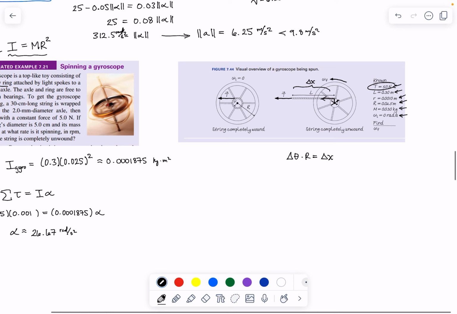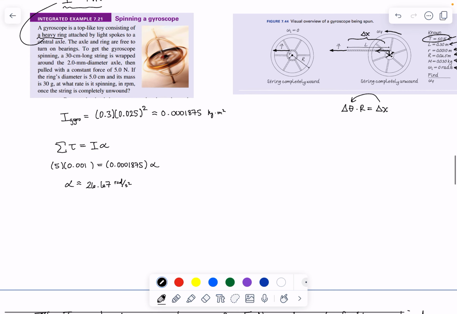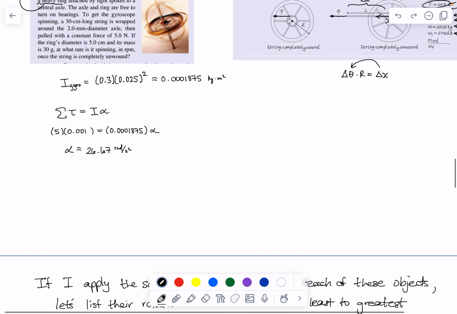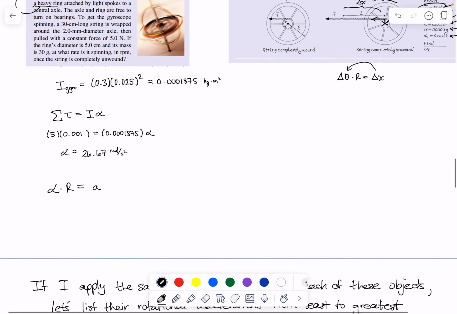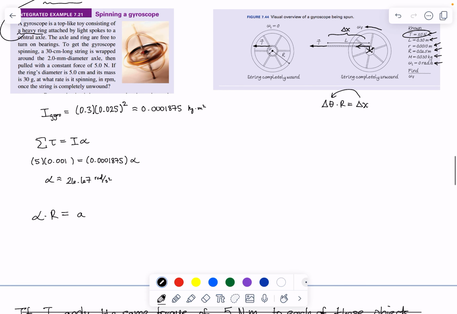So what we could do is start with that distance, calculate what the change in theta would be, and then use this alpha as it is. Or we could do something different. We could do alpha times r, which would give you the linear acceleration. Well, actually, maybe that wouldn't be super helpful. Let me stick with that first idea, right?